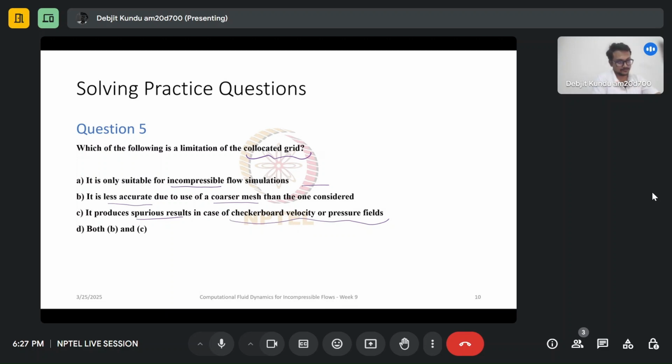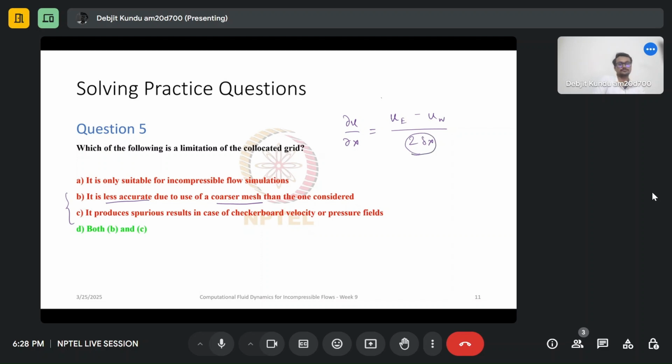Let's take a look at the solutions. It is actually both B and C because both B and C are true. So it is indeed less accurate, and because of the use of a coarser mesh. So we saw that, if we have to find the velocity gradient dou u dou x, I end up doing something like ue minus uw divided by 2 delta x.